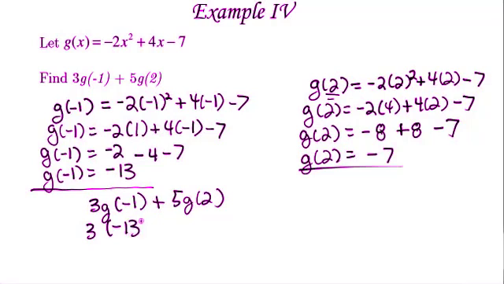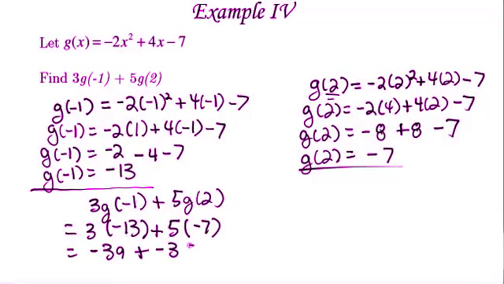So it's 3 times negative 13 plus 5 times g of 2, which is negative 7. And what this equals is 3 times negative 13 is negative 39, plus 5 times negative 7 is negative 35. And that comes down to, when you put it all together, minus 74. So that is the final answer.